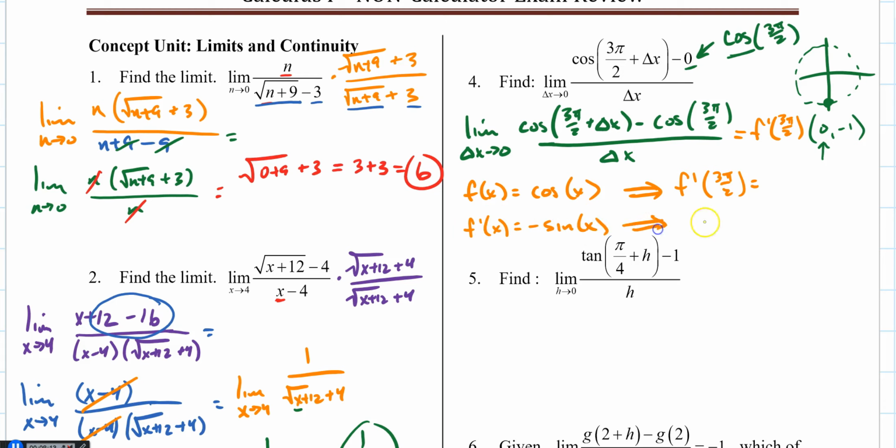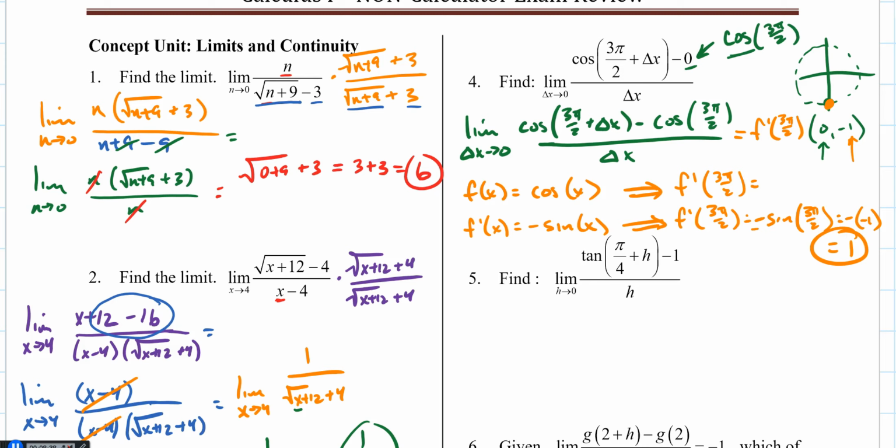So when we evaluate that, I have the derivative at 3 pi over 2, which is negative sine of 3 pi over 2. And then if I go back to the unit circle, here's 3 pi over 2 once again. That's sine. So I have -(-1), which gives me a limit of 1.